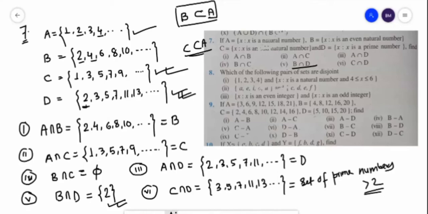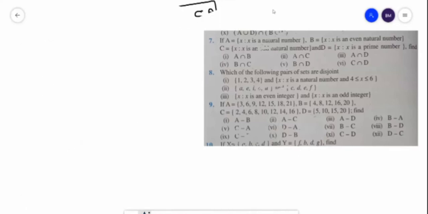Now number 8 we will solve. In number 8, we have to check whether the pairs of sets are disjoint or not.